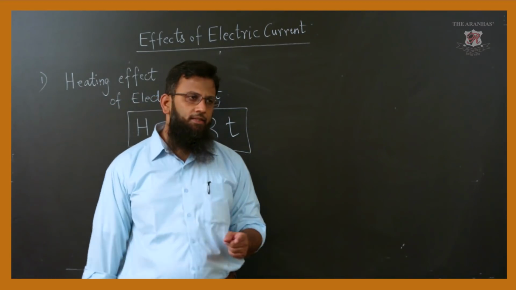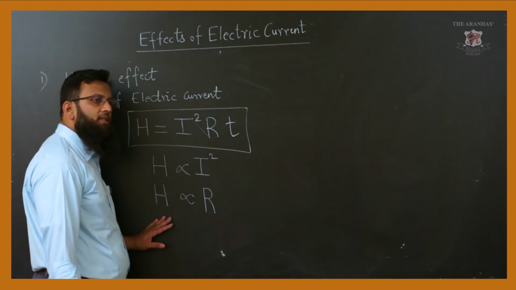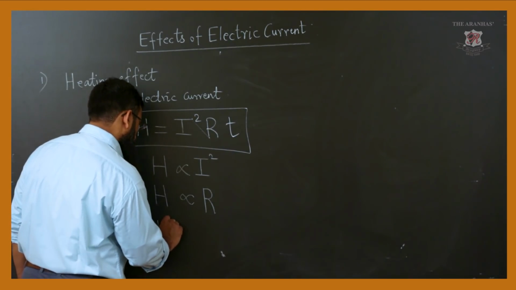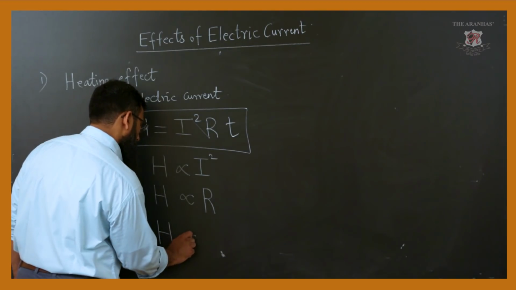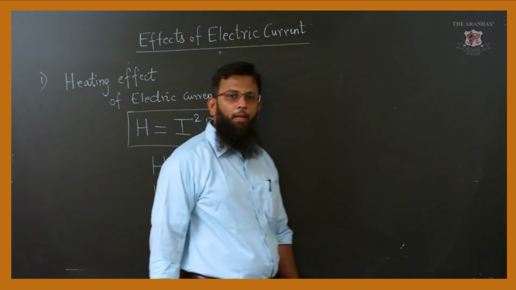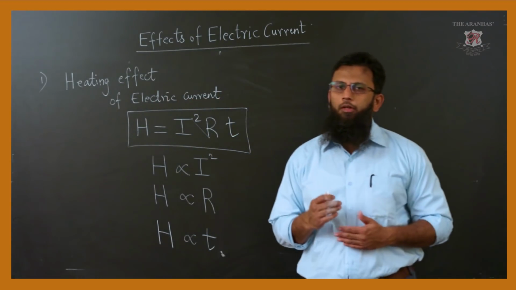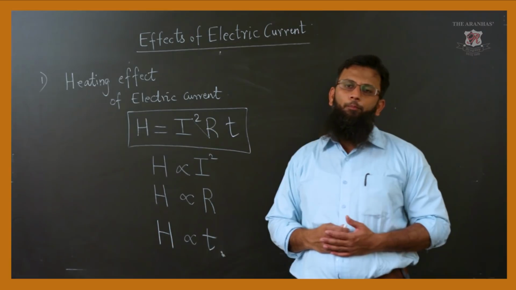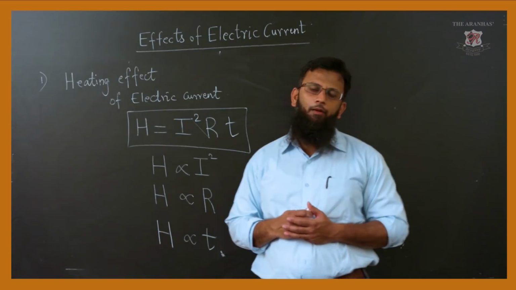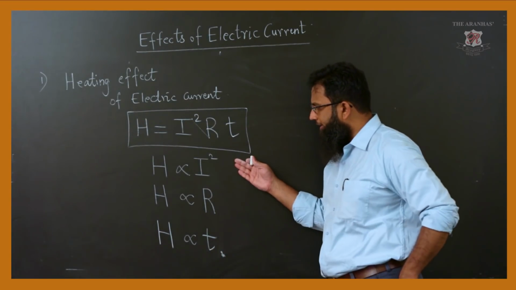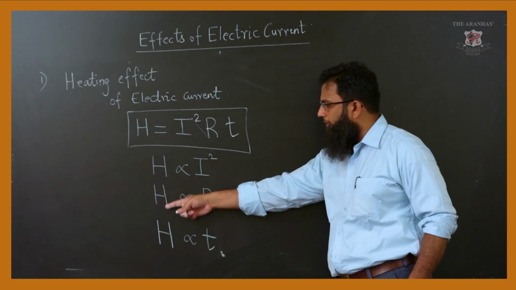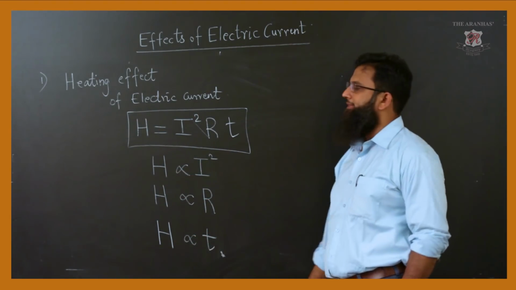More is the resistance, more will be the heat energy produced, more will be the temperature in that case. And then it is also proportional to the time duration. For more time duration, if you pass the current through that material, then more and more heat will be developed. So, these are the three factors on which the quantity of heat energy produced depends.